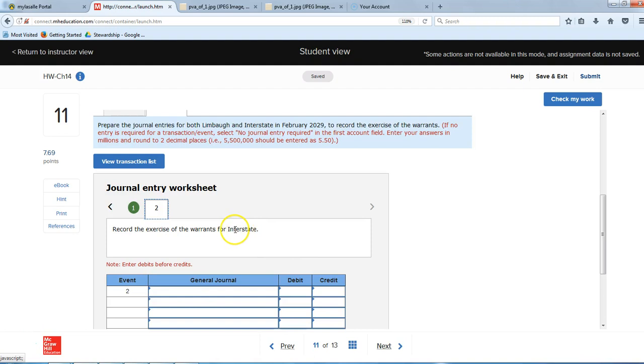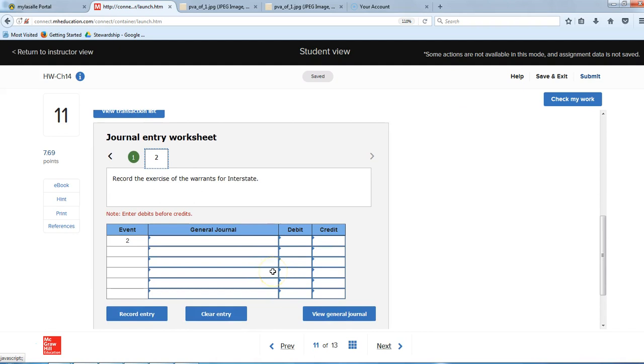And this number will be the total debits here. And for Interstate, when they exercise the warrants, their investment in warrants becomes investment in common stock.